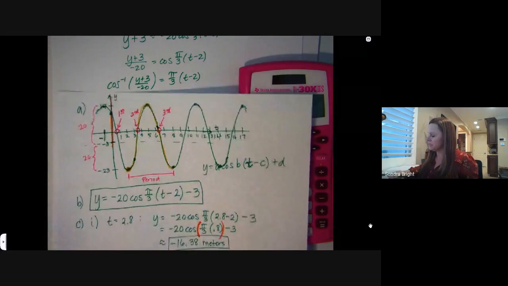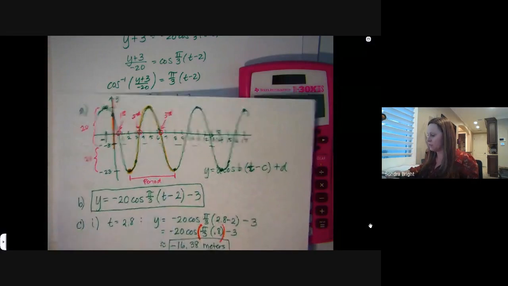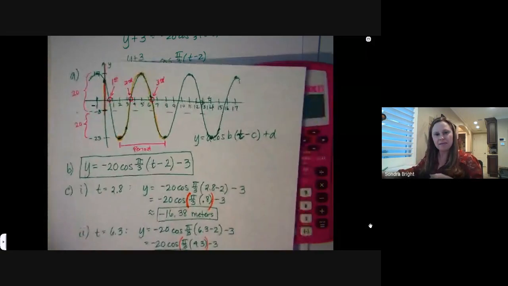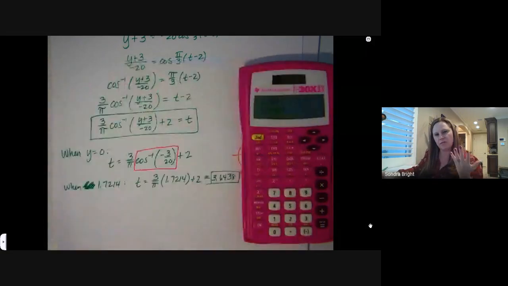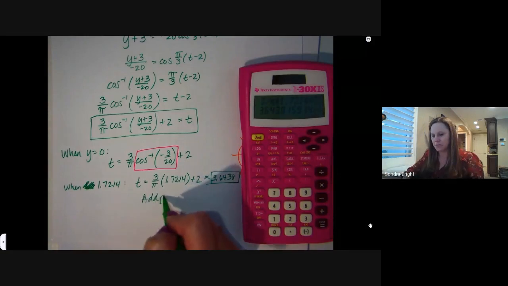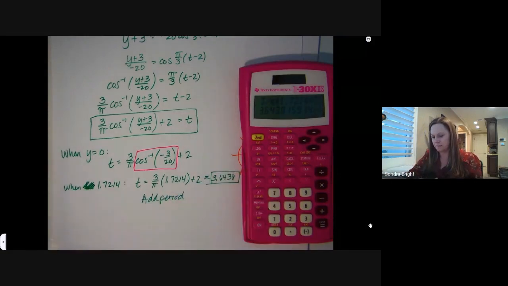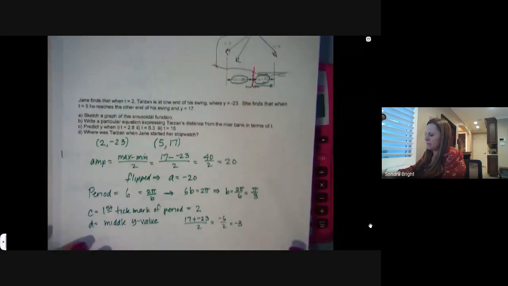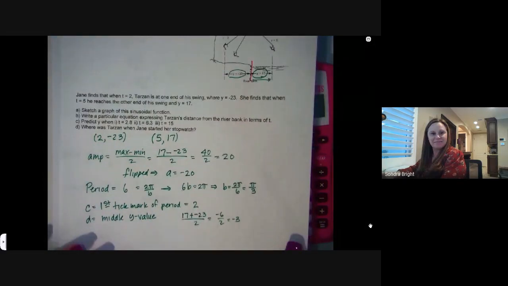Since we have that in our answer right now, we can take this and add the period to it, and then we can compare all the values we get to find the first 3 smallest values. I didn't remind you what the period was, so look back on your notes from 13.8, where we had found that the period was 6.